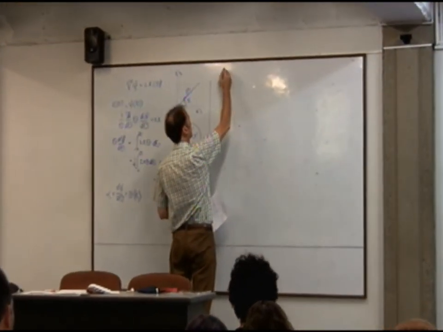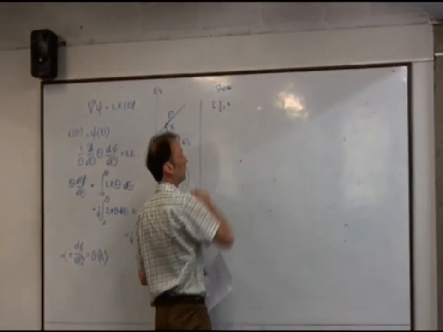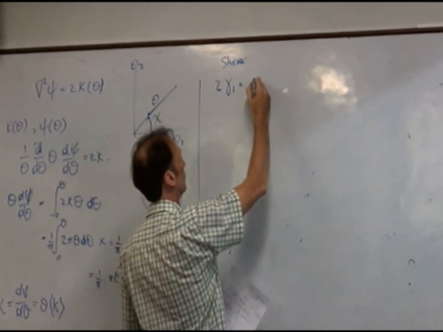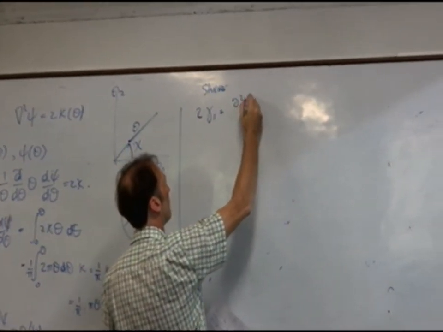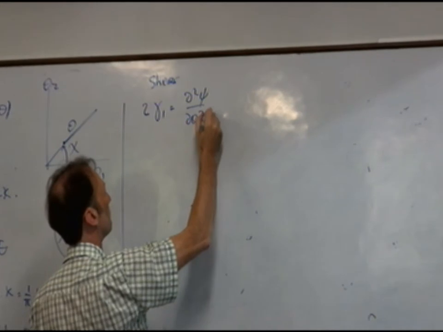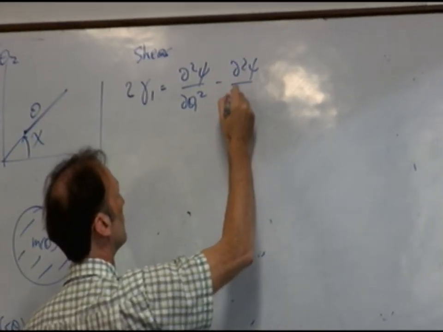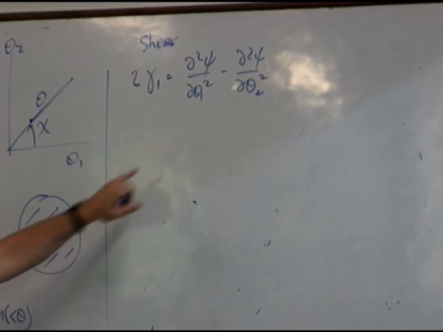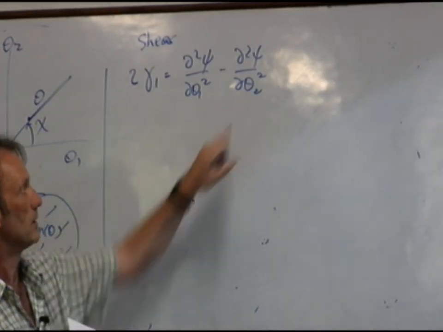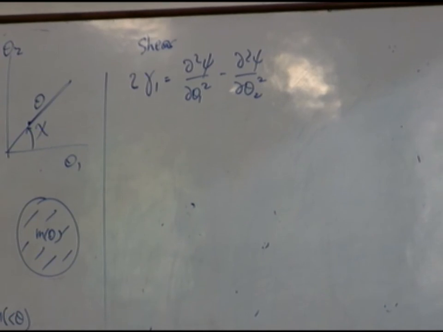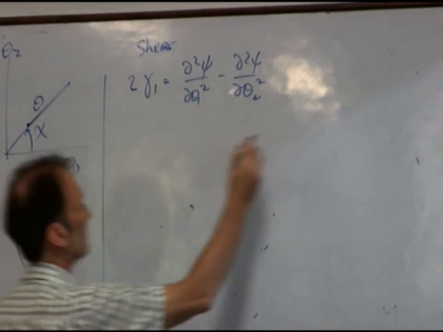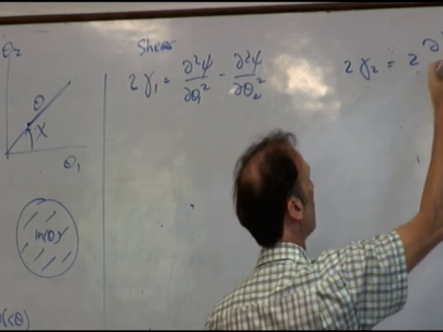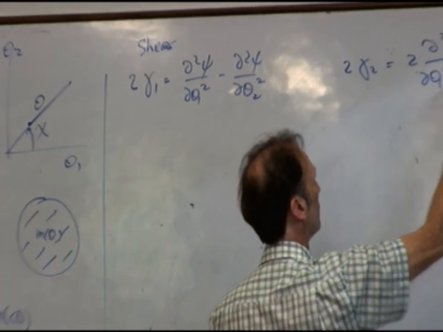And the second thing is we can also relate the shears to the potential in an axisymmetric situation. If you remember, the shear was d by d theta 1 squared minus d by d theta 2 squared of the potential. And then the second component of the shear is the cross derivative.